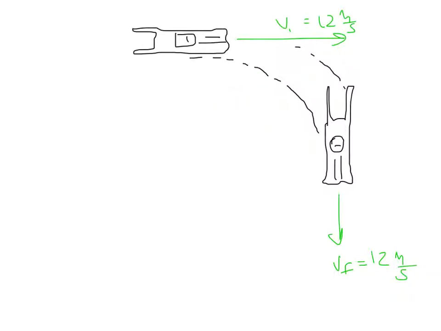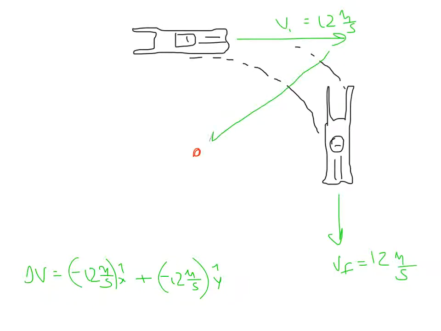Now remember, right here in the center is where the center of the turn was, so I've got to leave that free. Our change of velocity, down at the bottom here, delta V equals negative 12 meters per second x hat, or in the x direction, and negative 12 meters per second y hat, or in the y direction. Okay, so what is the direction of the change in the velocity? Well, change in velocity is directed like that right there.